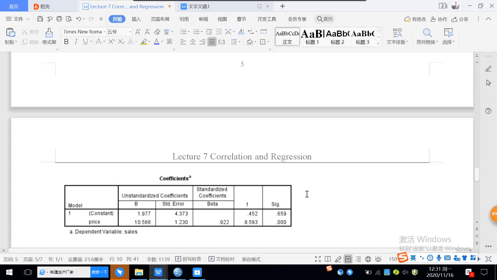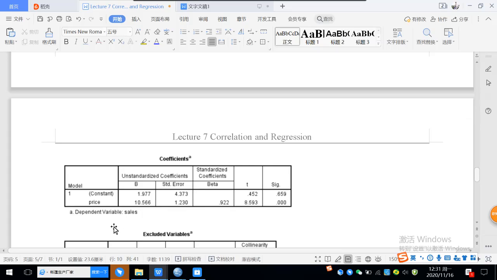Also, we can write a new regression model, which is sales equals 1.977 add 10.566 multiply price.